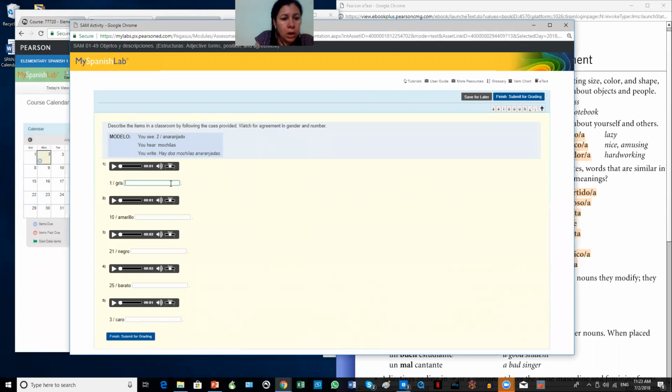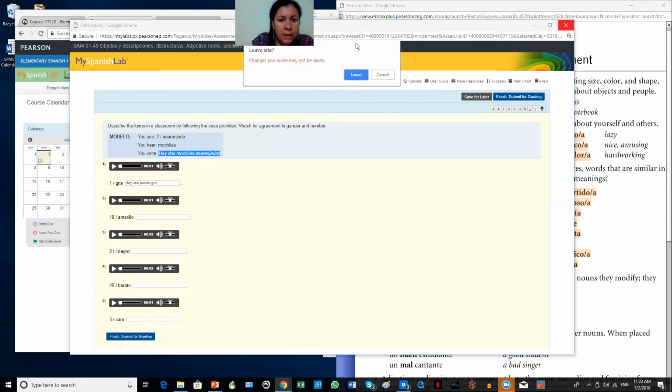So you say, hay una puerta gris. Hay una puerta gris. I heard puerta singular, I'm told one, and then the color gris. Then I'm gonna follow the structure that is here and make the right agreements. Hay una puerta gris. Muy bien. That's the third one.